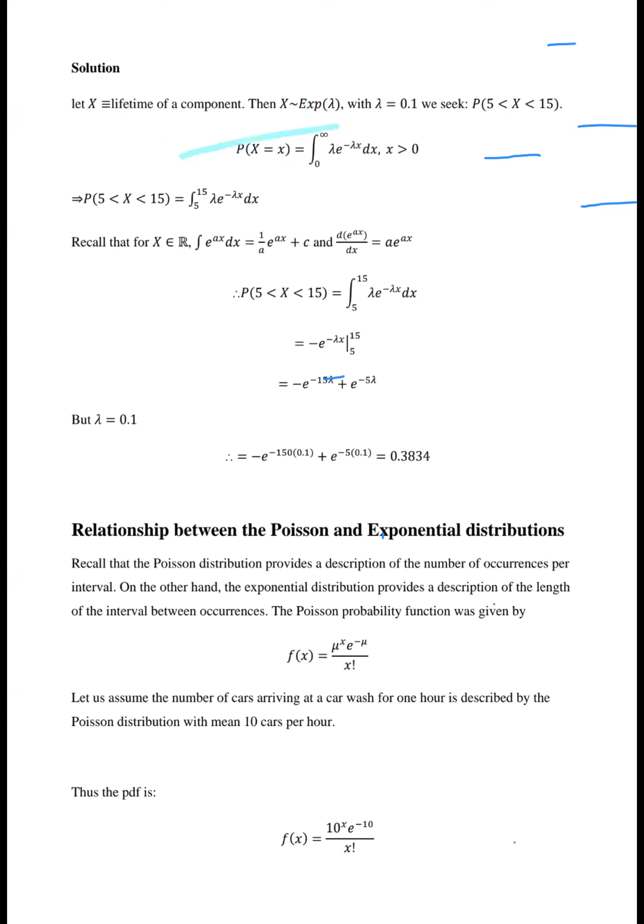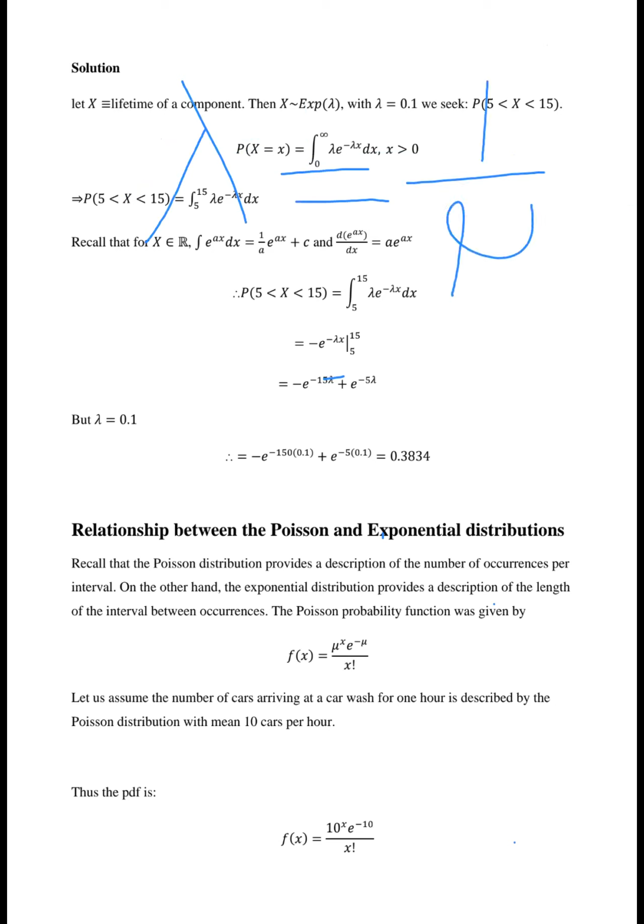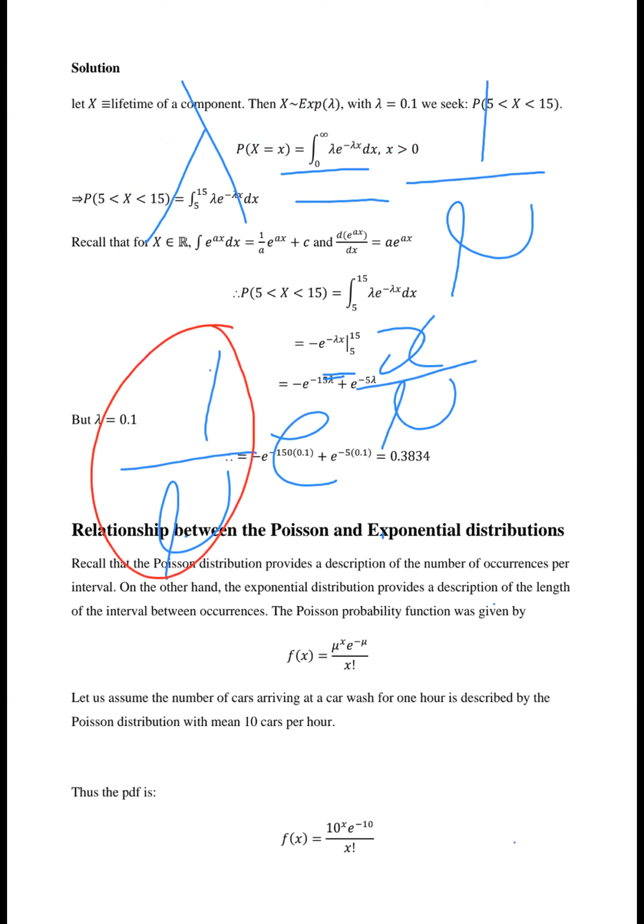All you're trying to do is to understand what lambda is. Lambda is basically equal to 1 over mu. In our formula, we had 1 over mu e to the power negative x over mu. So we can write this 1 over mu as lambda.